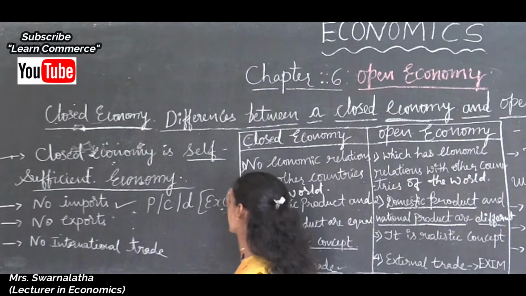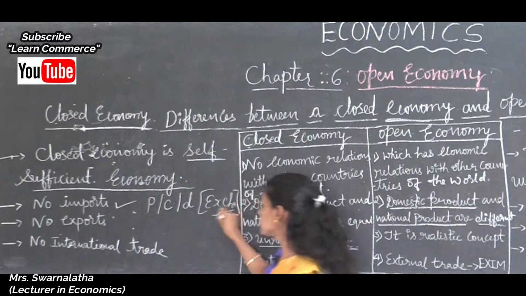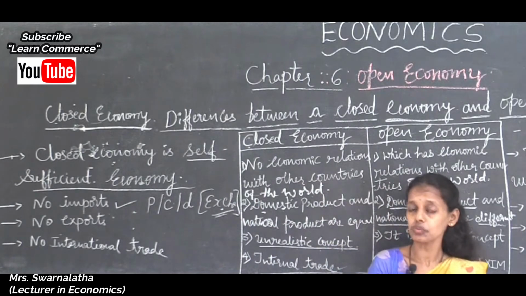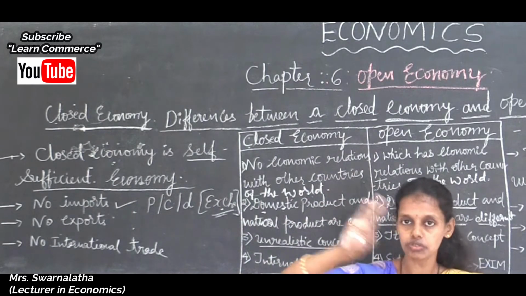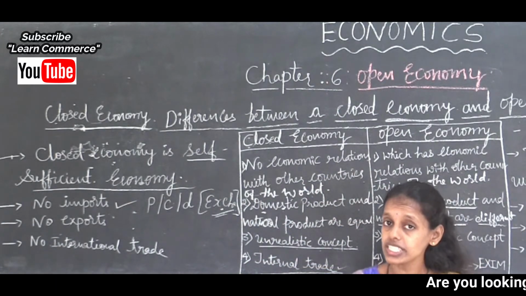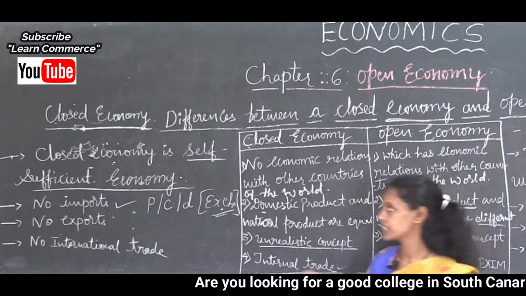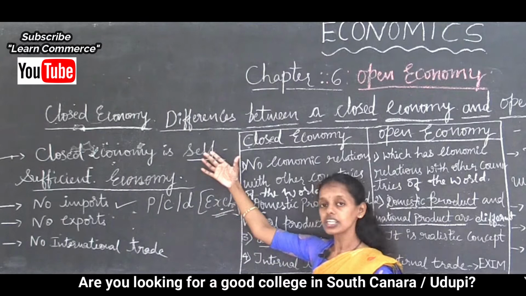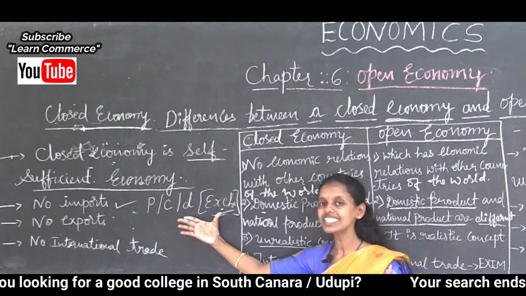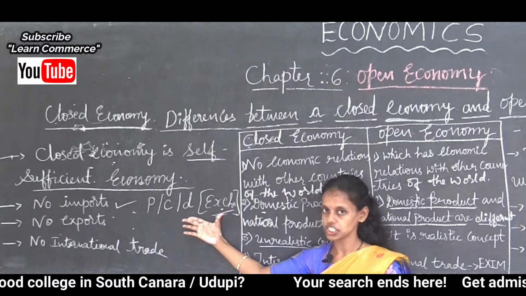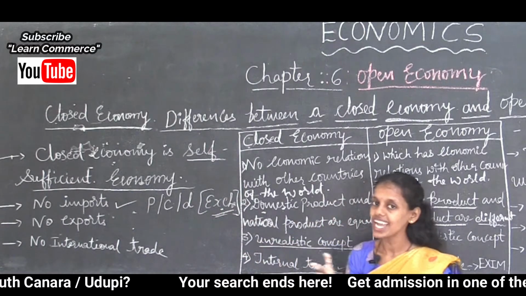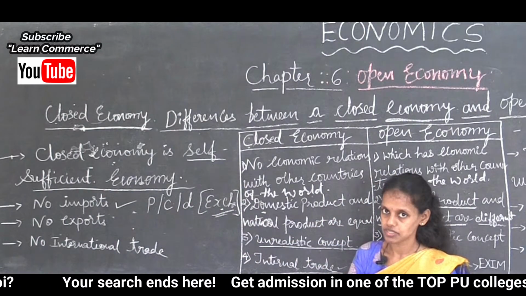Exchange has no value here. Exchange is there only as internal exchange of goods and services, but exchange also means external exchange. Thus, it is not at all a complete concept. A closed economy is an incomplete concept in economics.